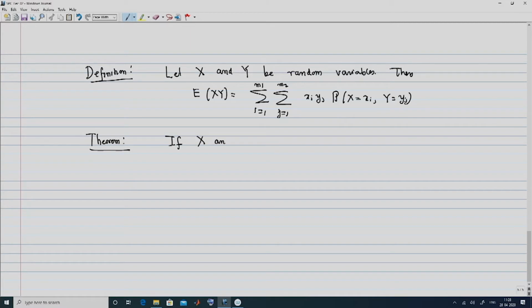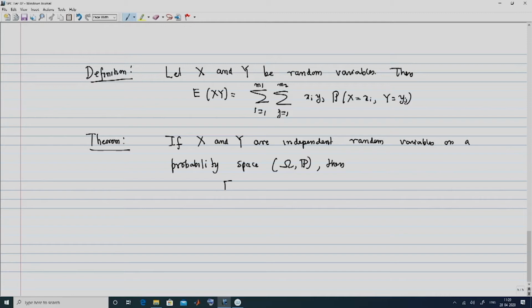So if x and y are independent random variables on a probability space omega, p, then the expected value of xy is going to be the expected value of x into the expected value of y.